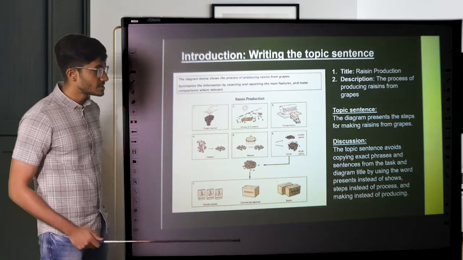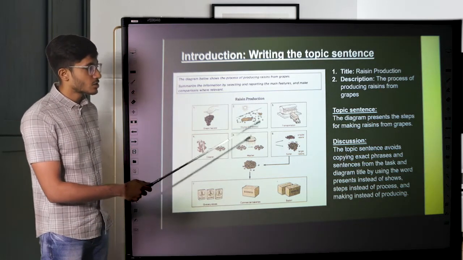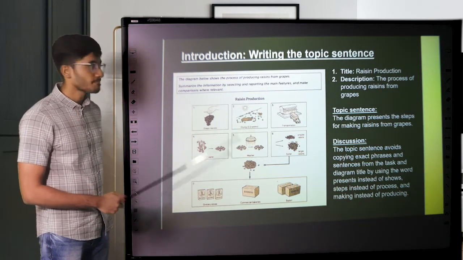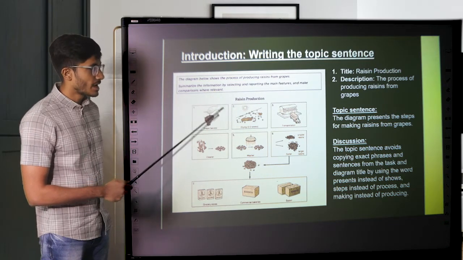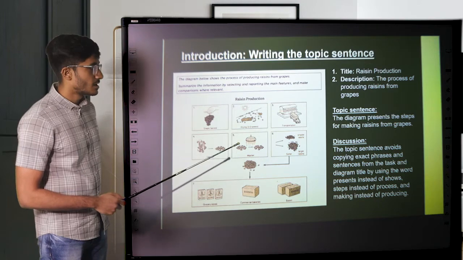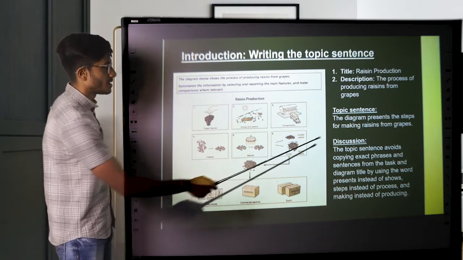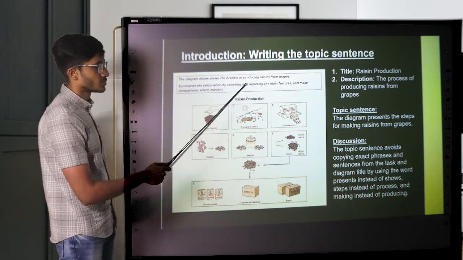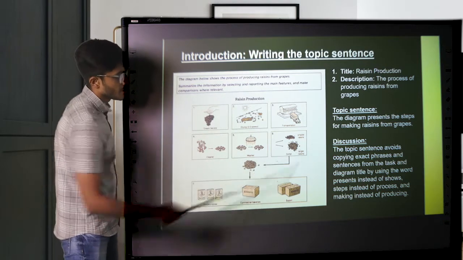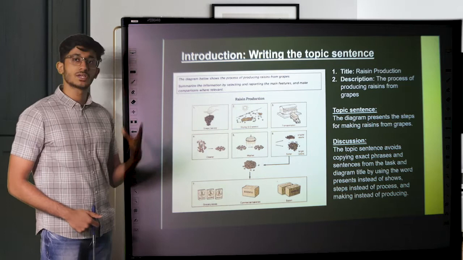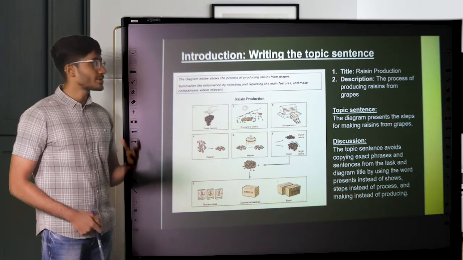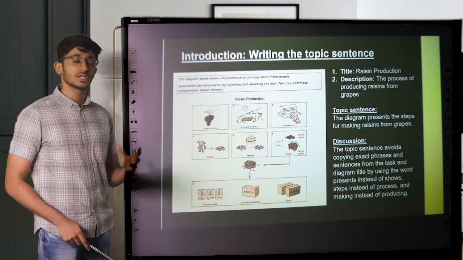And if you can see, we have avoided copying exact phrases and sentences from the instruction, and we have changed words. For example, making instead of producing. We didn't use producing, we used making. And these are certain synonyms that you can use in order to avoid copying direct words from the instruction.